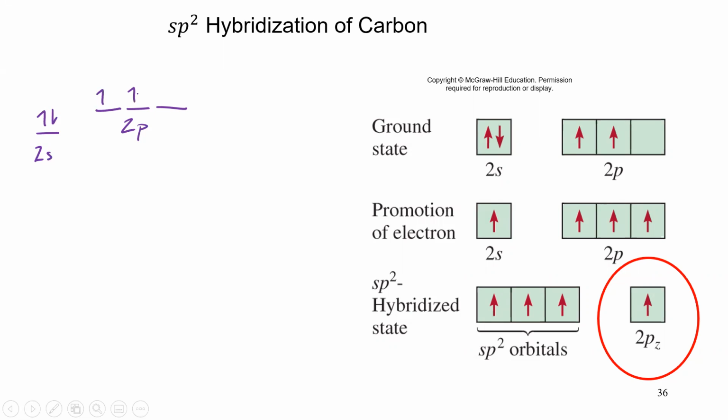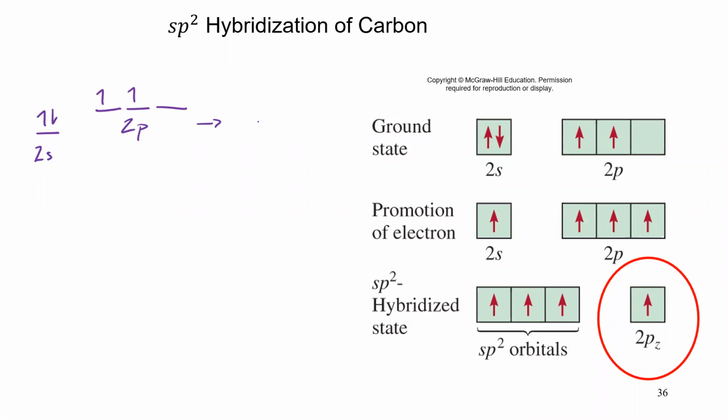When we look at carbon, carbon ends up like this. Now, if we were going to hybridize carbon, it has 4 electrons. If we're going to hybridize carbon into an sp3 state, it's pretty easy to see.